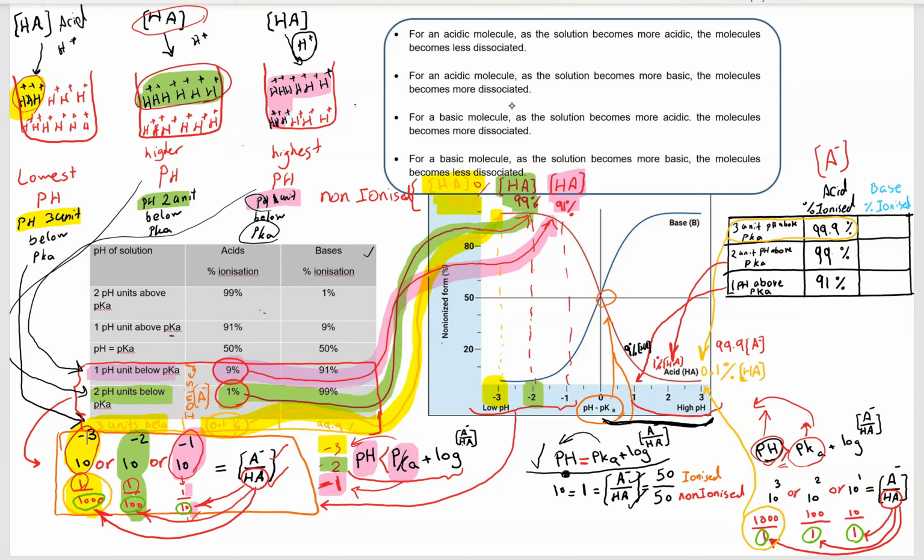As you can see, I'm just going back to this table. It's the same as this one, but because it's near my graph, I just wrote that again.